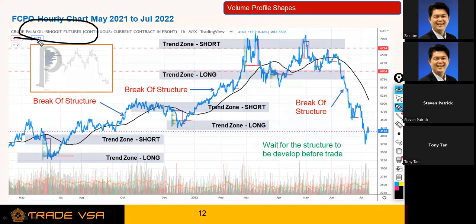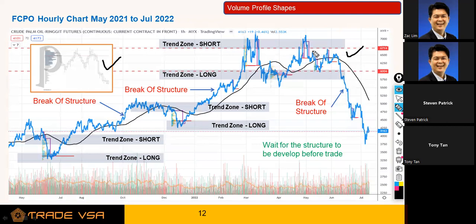This is FCPO. Actually the whole volume profile can be used on FCPO also. I actually caught this short here, and this short gave me a very good profit. While I was analyzing the Wyckoff one, suddenly I saw this chart and it was really similar.